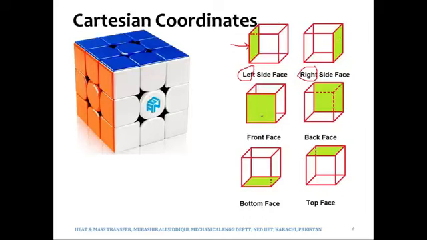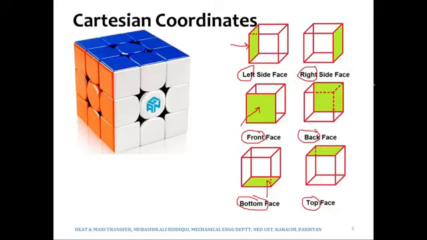Similarly, if the heat is flowing from this front face to that back face in this direction, we would consider heat transfer in y direction. And if the heat is flowing from the bottom face to the top face, in this direction, then we would consider it as the z direction.